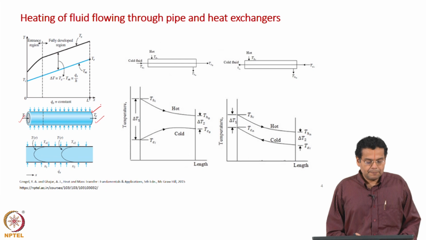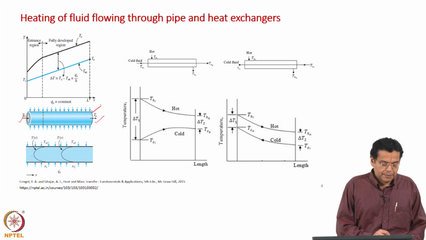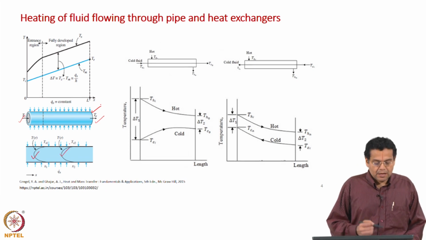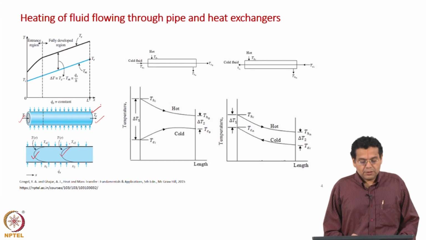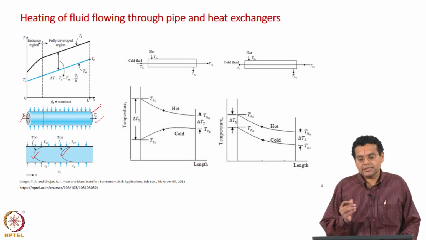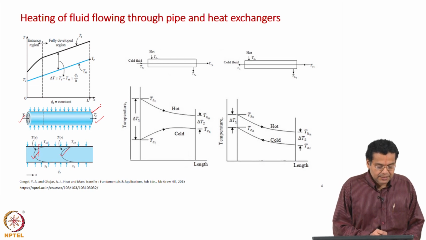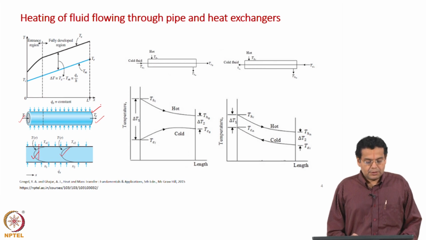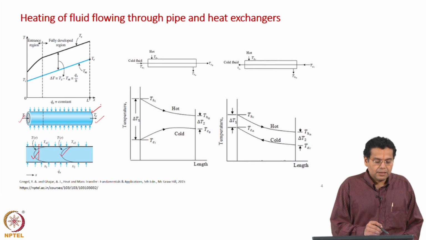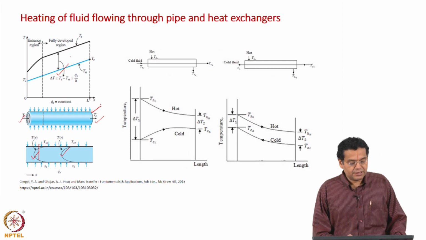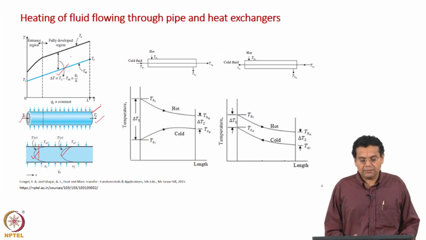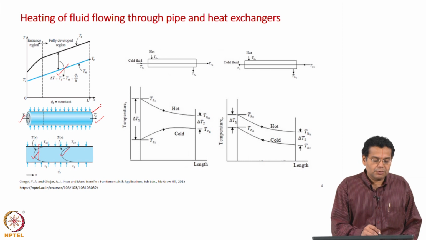What is shown here is the temperature profile along the radius of the pipe. So, how do we get it? We solve the energy balance equation and get the radial temperature profile, and then we can average this temperature and also get the variation of the average temperature along the length of the pipe, and that is what is shown here.